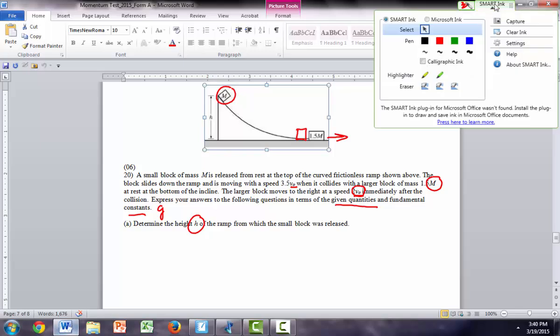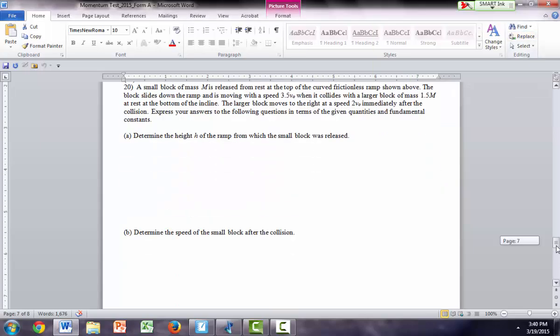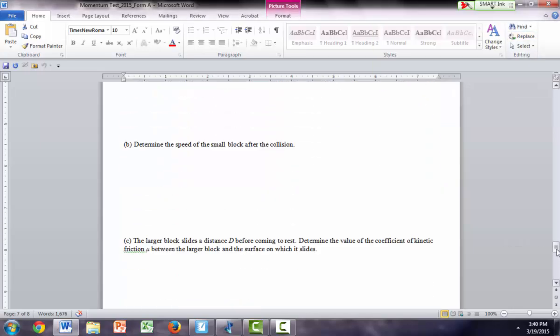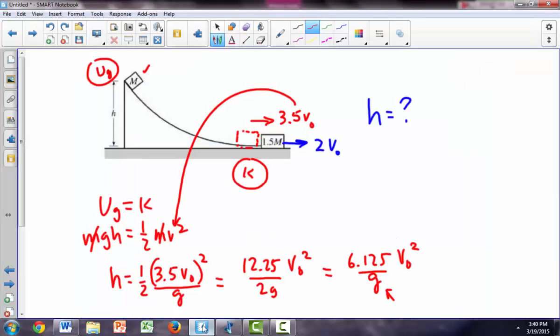Part B, determine the speed of the small block after the collision. We have enough information after the collision. We know the mass and the velocity of the larger block. And we know the mass and initial velocity of the small block that comes in contact with the large block.